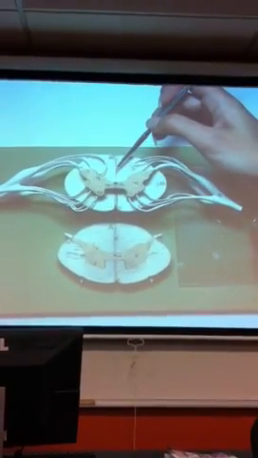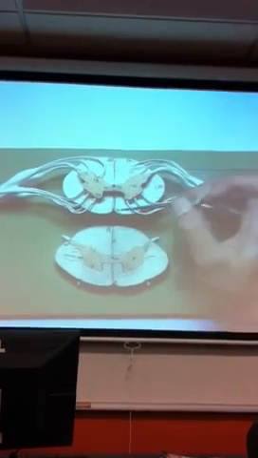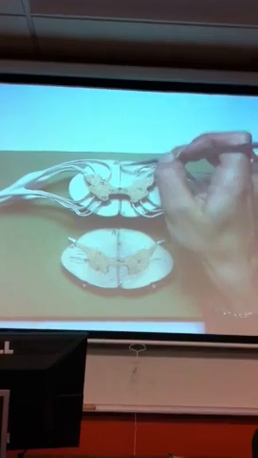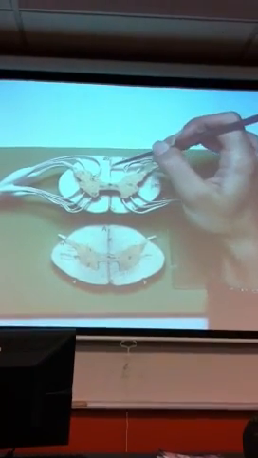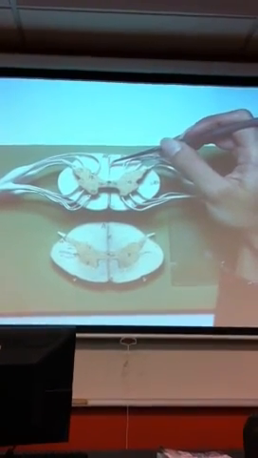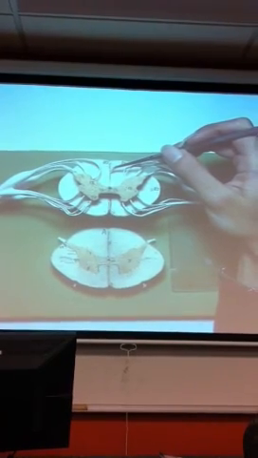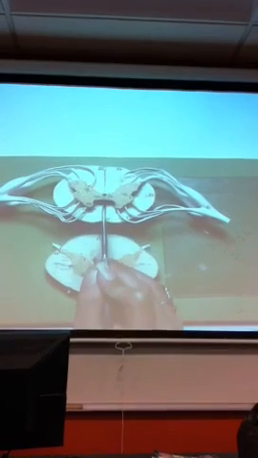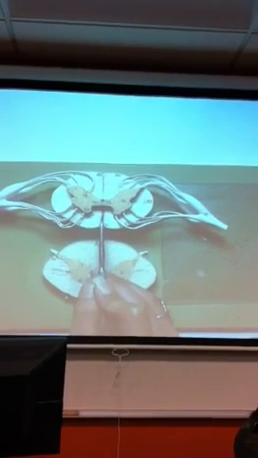Now, getting to the white matter, there's a sulcus here, and since this is the dorsal side, this would be the posterior medial sulcus, and then this would be the anterior medial sulcus.